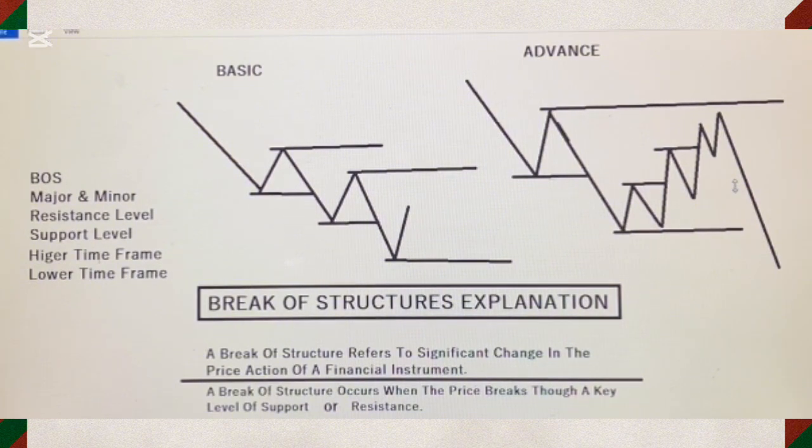Because this trend that is going up is a minor trend, because the market cannot just go up like this and then come back again.